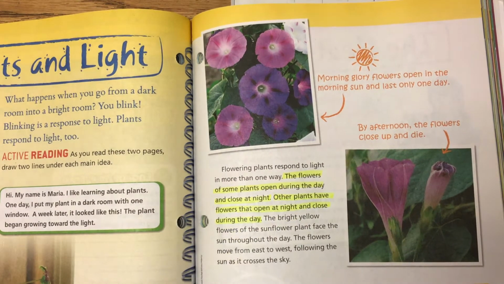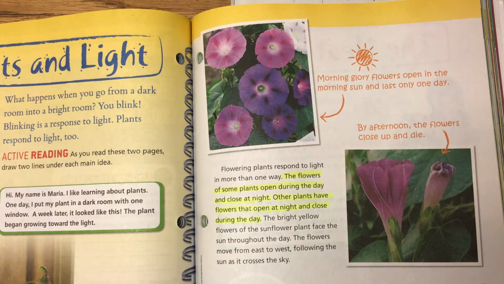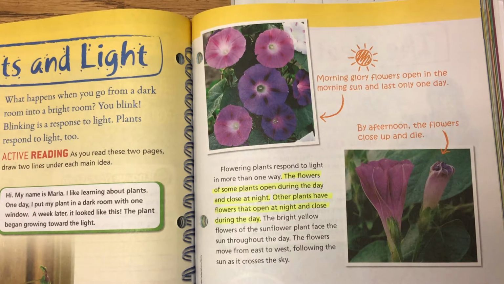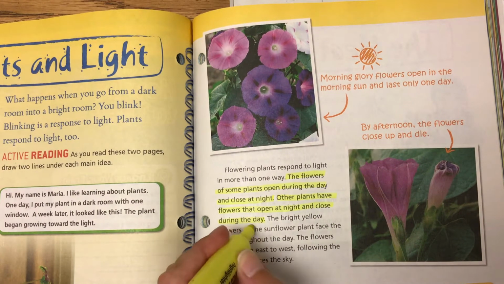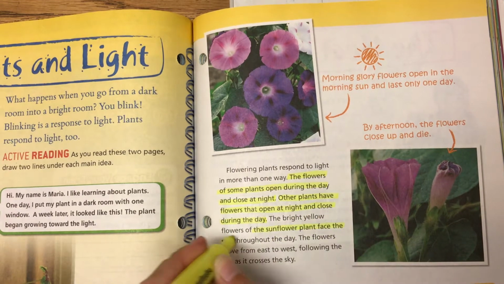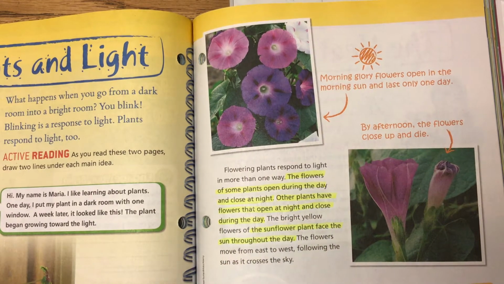The bright yellow flowers of the sunflower plant face the sun throughout the day. The flowers move from east to west, following the sun as it crosses the sky. So let's highlight that too, that the sunflower plant faces the sun throughout the day.